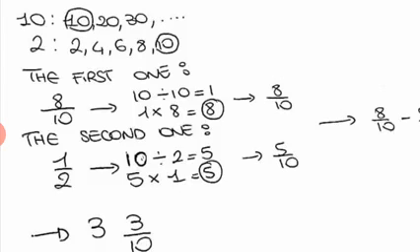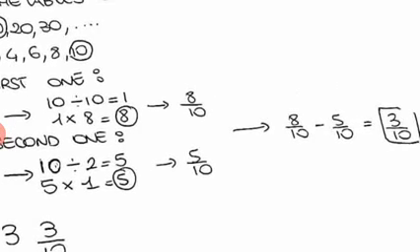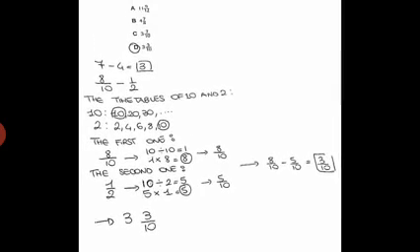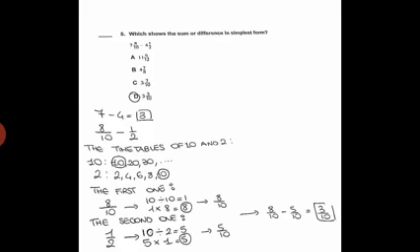So the difference becomes 8 over 10 minus 5 over 10. 8 minus 5 equals 3. 10 remains the same. So if we bring the whole number and the fraction and put them together, we have 3 and 3 over 10. So the result is 3 and 3 over 10. So D.